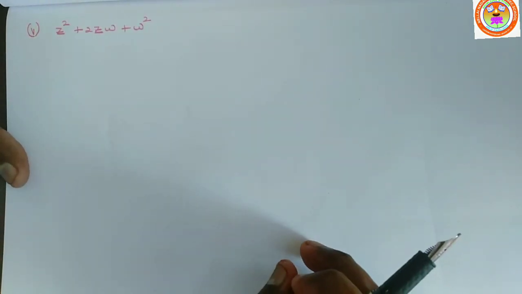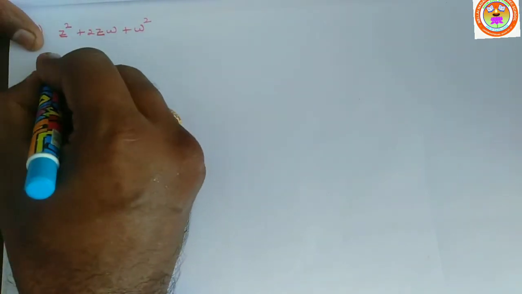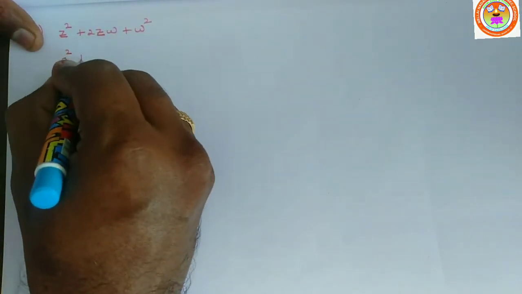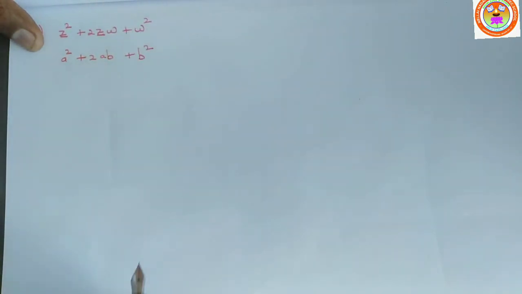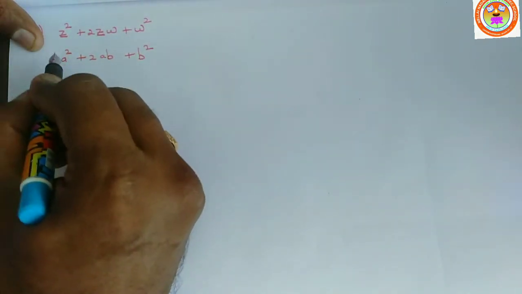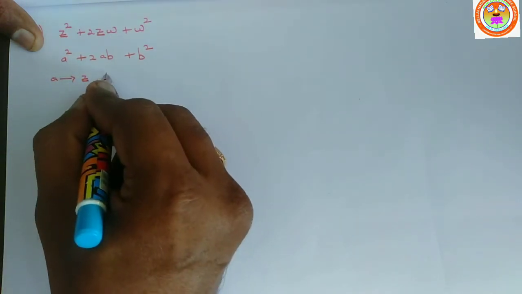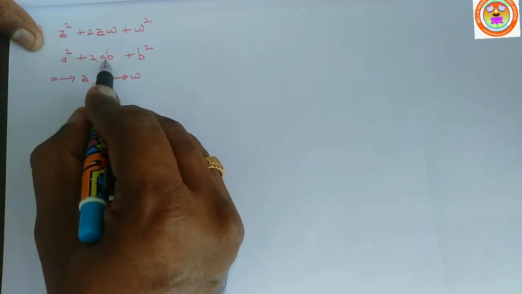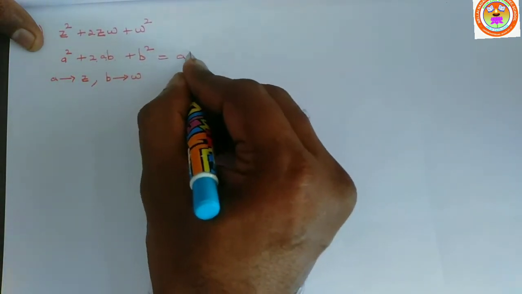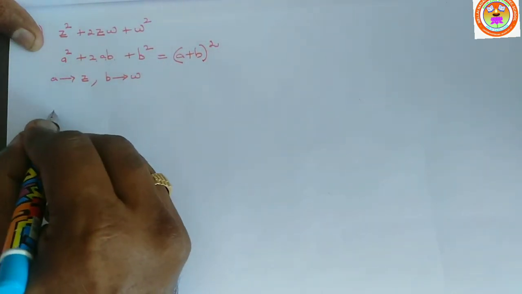Fifth subdivision, z square plus 2zw plus w square. This is the formula a square plus 2ab plus b square, where a is z and b is w. a square plus 2ab plus b square is nothing but a plus b the whole square, a very well known formula.